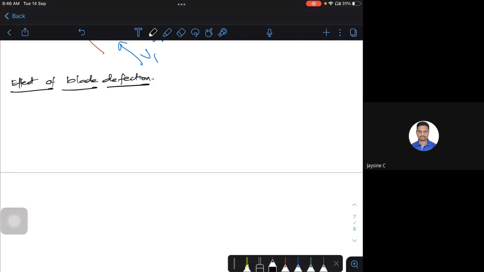Beta 1 is fixed and beta 2 is varied, or modified, so that I can reduce this. What will happen under this condition? How will my velocity triangle at the exit look? I'll redraw the velocity triangle I drew earlier.